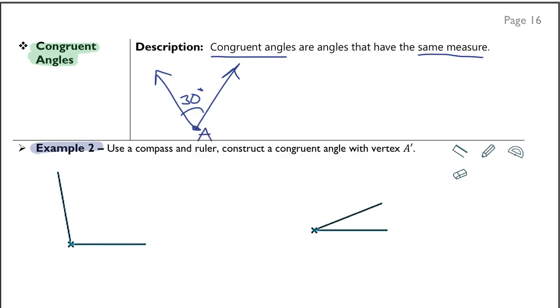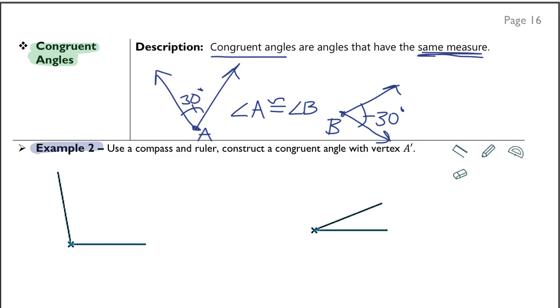If we just have a letter, we could name it that way and actually say that this is angle A. And let's say this is going to be congruent to angle B. And angle B could be over here and look like this, but it just has to be exactly the same size. So let's say this is B, and this is also 30 degrees. I'm not measuring that, but that's pretty close.